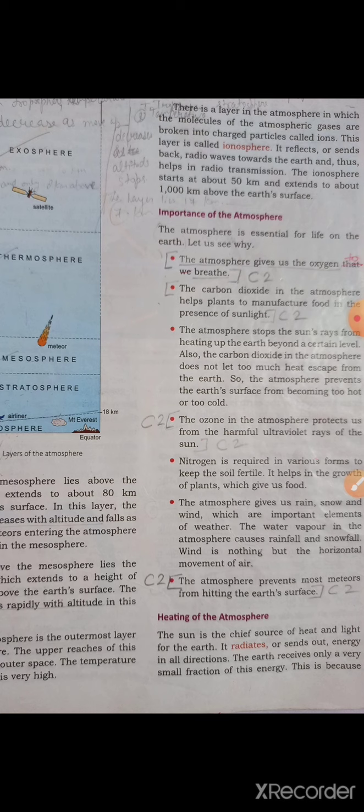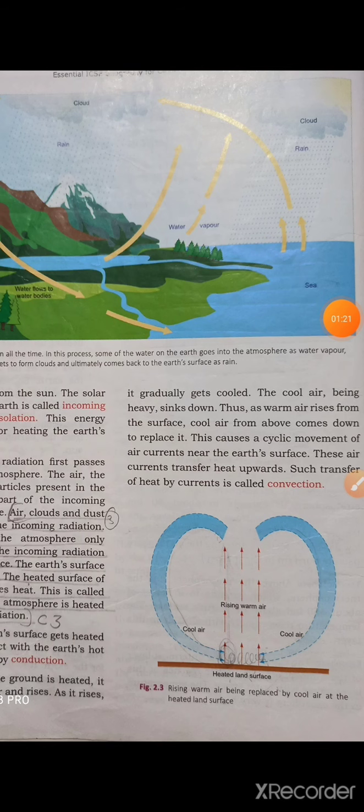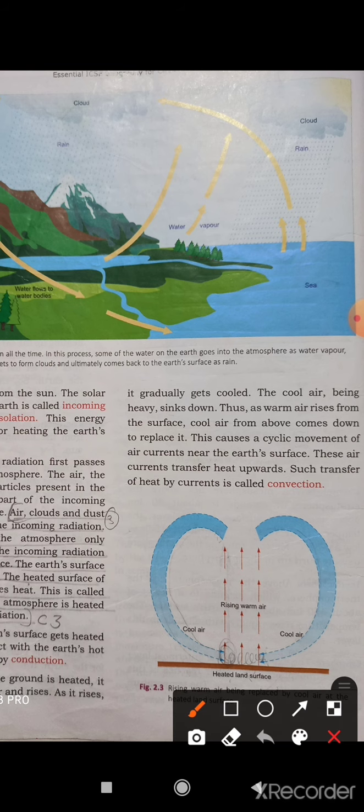Now I'll tell you from figure 2.3 how rising warm air is replaced by cool air at the heated land surface. This is a diagram from which you will get to know how our earth is getting heated. First of all, the cool air is coming downward. As we know, when the air near the ground is heated, it expands and becomes lighter and it rises.